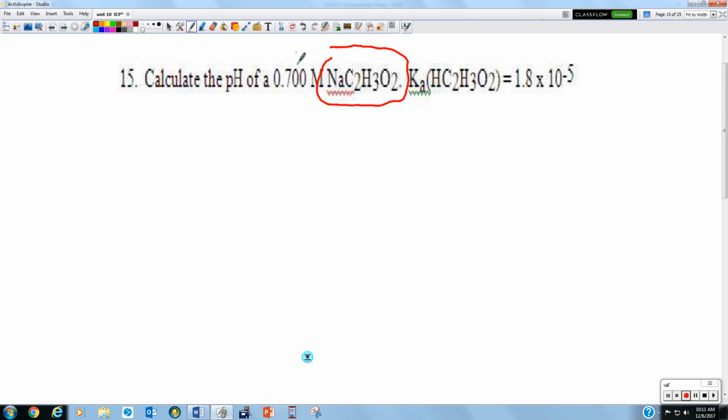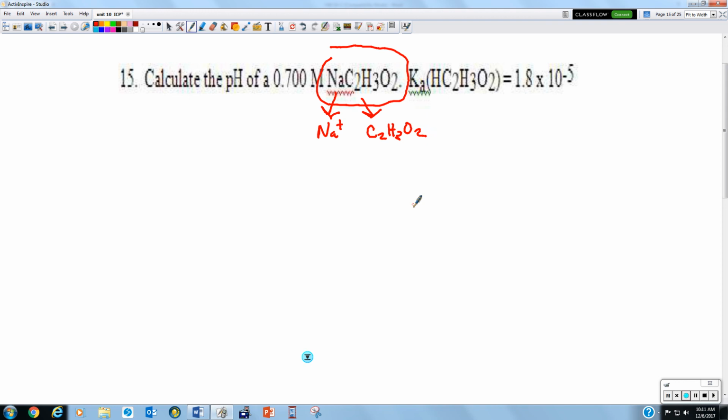All right. So I don't need you to actually show the dissociation reaction all the time, but I do want you to know what ions are going to be produced from this. So we're going to produce two ions. We're going to produce a sodium ion, that's going to be Na+, and we're going to produce an acetate, C2H3O2 negative.